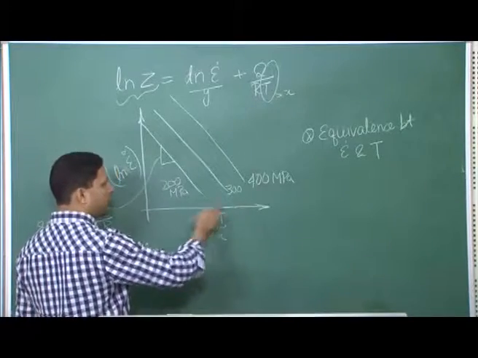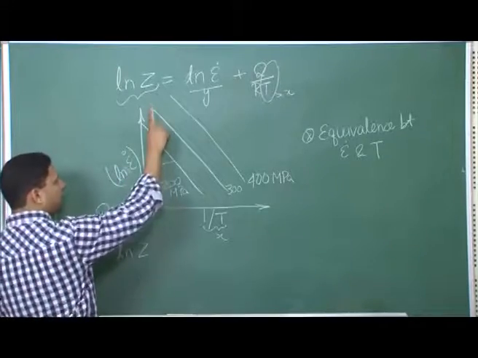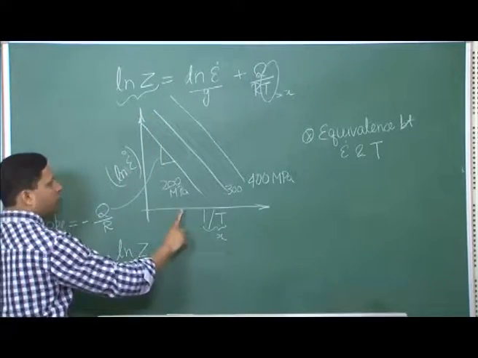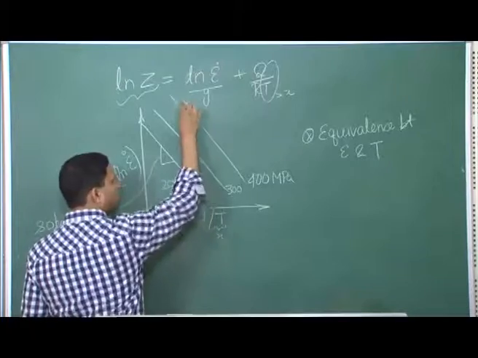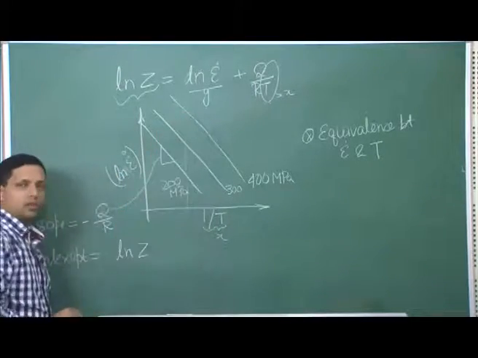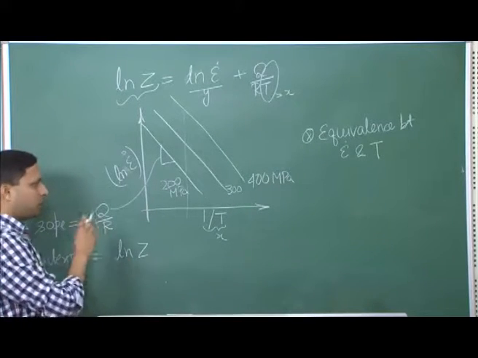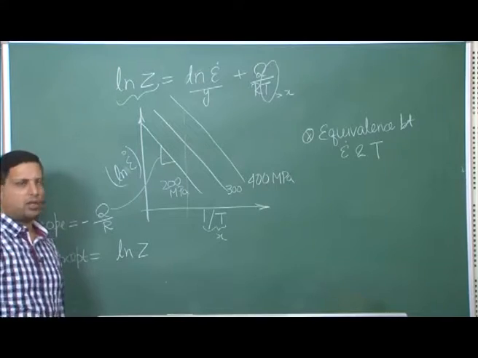So, if you increase the temperature, the yield stress is decreasing. On the other hand, the strain rate is increasing in this direction. So, if you go along a particular temperature like this, when you increase the strain rate, your yield stress increases. So, all the things that we know are true, or this plot is also saying that those are right.